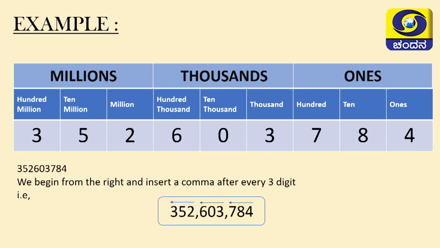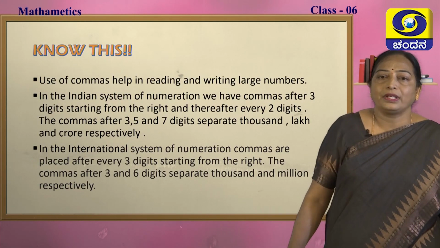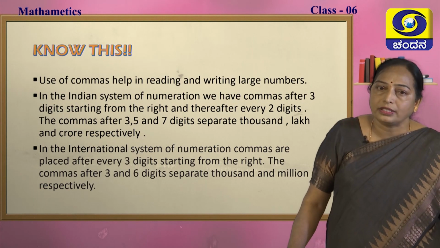Begin to put the commas from the right and insert a comma after every 3 digits, like this: 352, 603, 784, isn't it? Know this, children. Commas help in reading and writing large numbers.